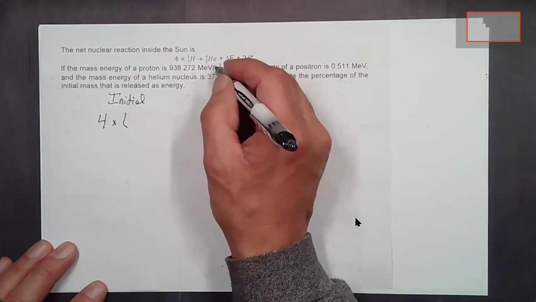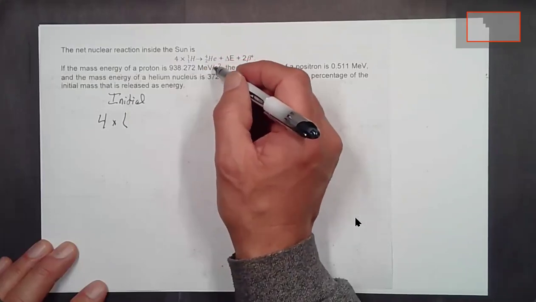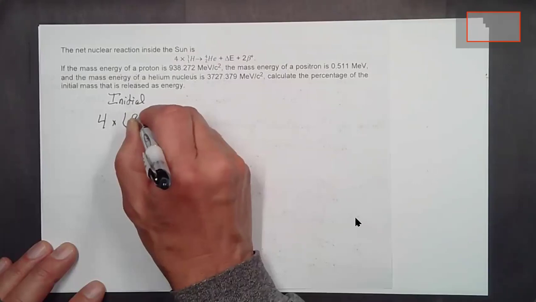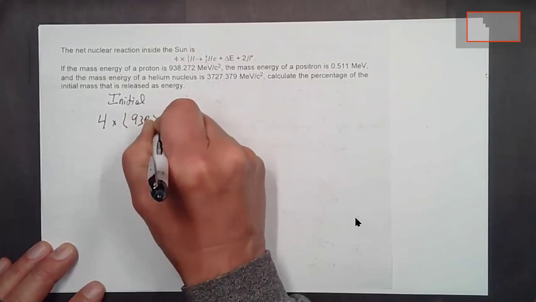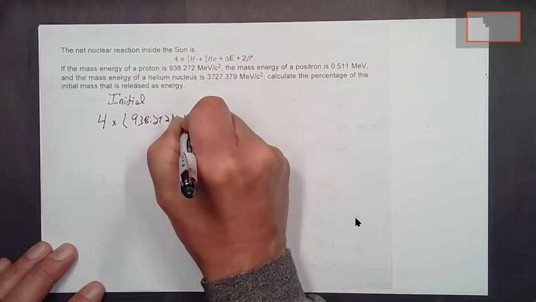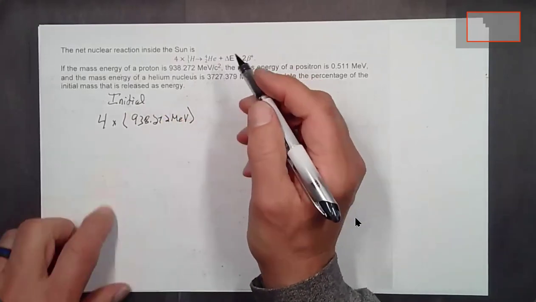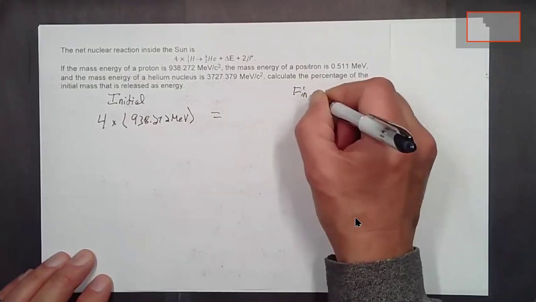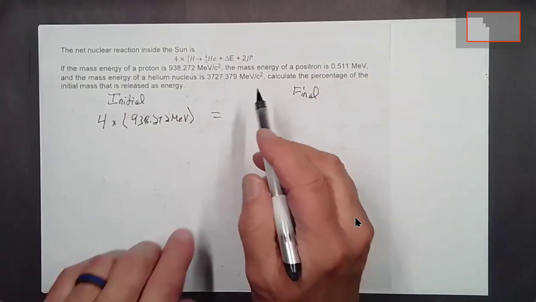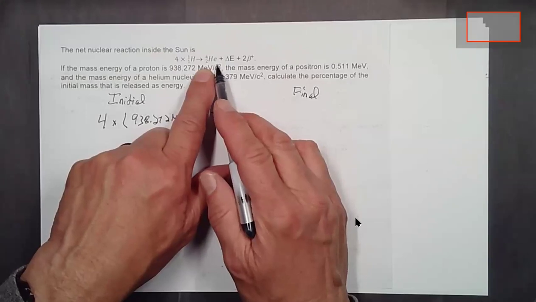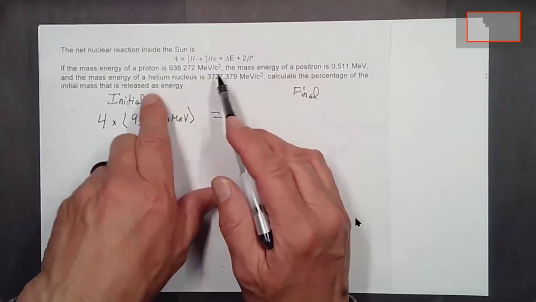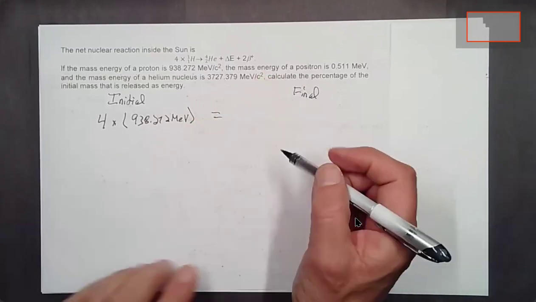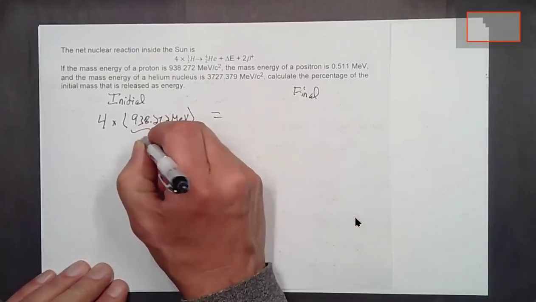That'll be 938.272 MeV is the rest energy of a proton. So we've got that. And the final energy is going to be the rest energy of that helium nucleus, or the mass energy, it's 3,727.379 MeV.